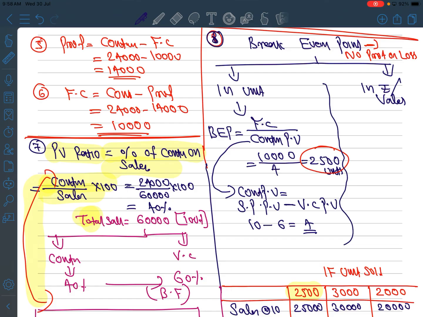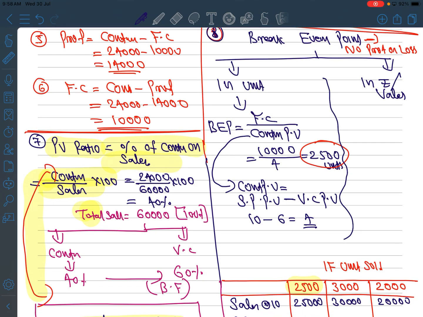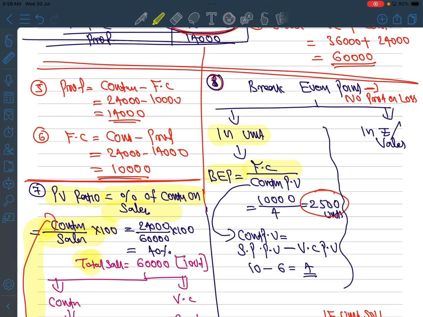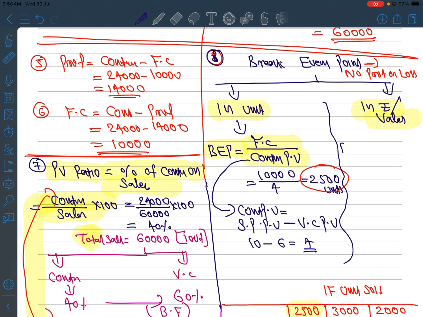Then we have two equations. Now we understood the break-even point, the equation of break-even point when they ask the question in units. Then in value, nothing great, very easy. Here I would like to write break-even sales instead of break-even point.